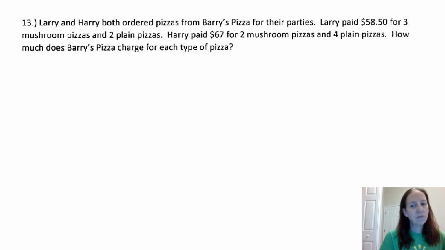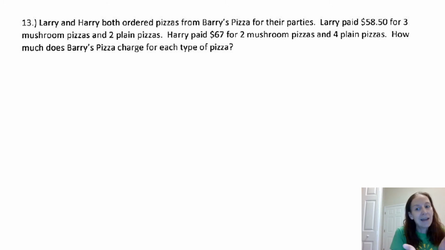If you were in my face-to-face class, you would know that I think these are the dumbest problems on the planet. They're so stupid because Barry has a menu and the menu lists the prices. So nobody would actually write and solve a system of equations to figure out how much Barry's Pizza charges for mushroom and for plain pizzas. It's a stupid problem.